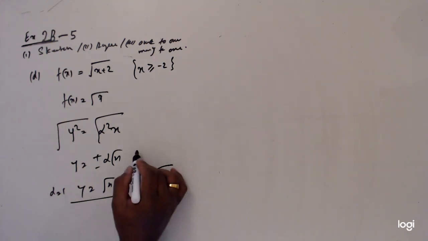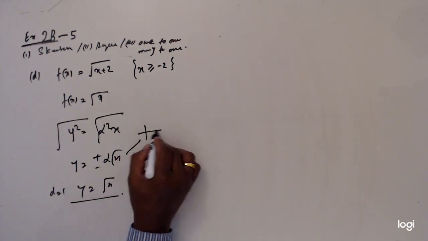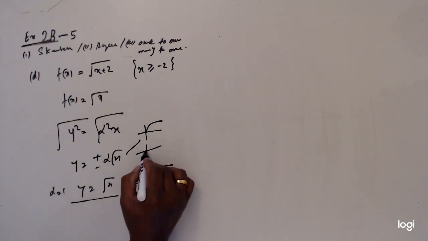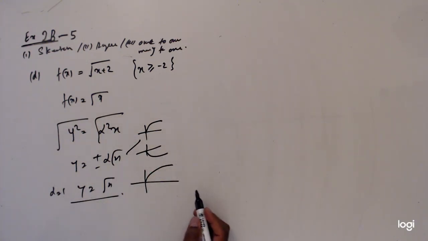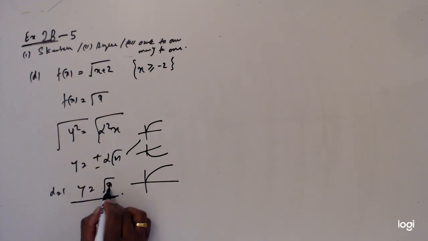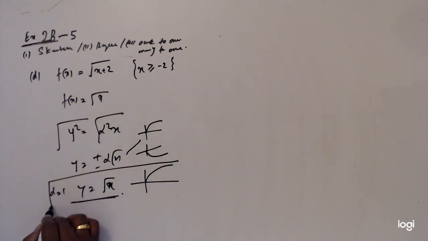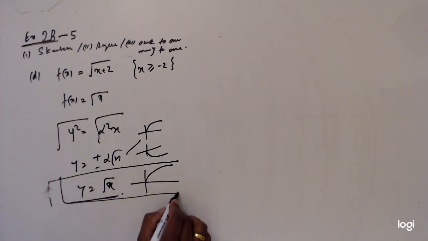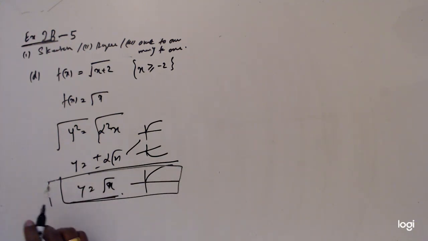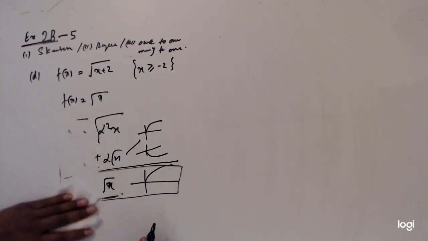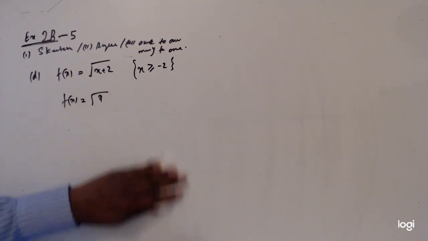So this side. Here there are two types, positive and the other one negative. Only consider positive. So you should remember this one. So from here we can work now.